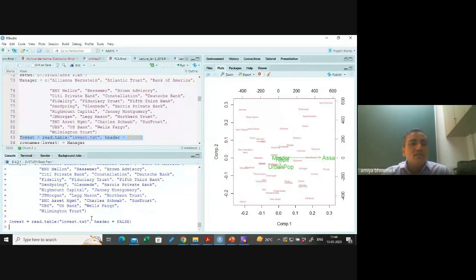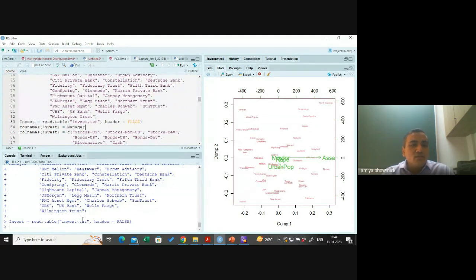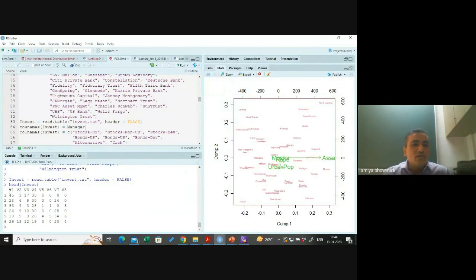So this is the data I have read. Then if you see the head of invest, you get only this. These variable names are not clear, and each column represents one company, but the company name is also not there.